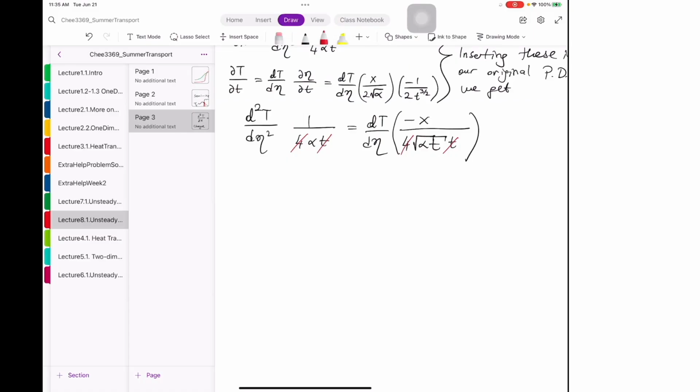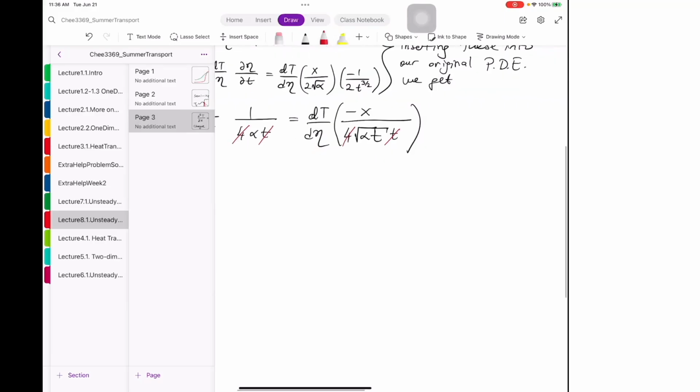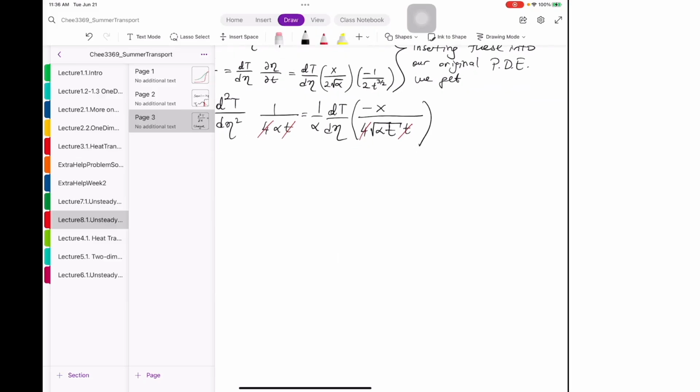Okay, there's one alpha appearing. Oh, there's one alpha in the equation already, right? One over alpha. We already have that alpha in the equation. Yeah, there you go, and the alphas cancel.